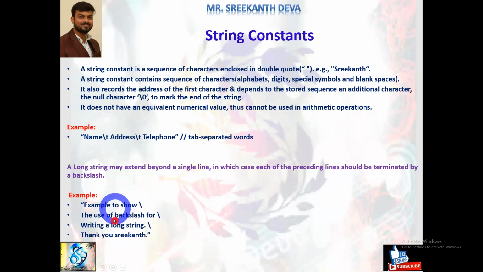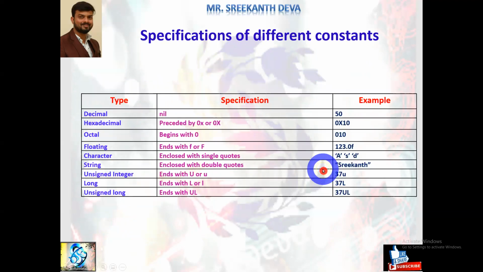Backslash separated. We can enclose multi-line strings. Here I have written multi-line strings enclosed with only one string literal, enclosed with the double quotes. How did I separate this? With the help of backslash. That is used for what? String constants. A string constant is a sequence of characters or group of characters enclosed in double quotes.